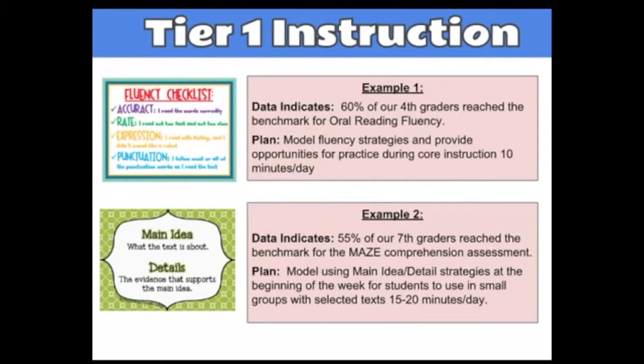So we develop a Tier 1 plan to model using main idea and detailed strategies at the beginning of the week for students to use in small groups with selected text at least 15 to 20 minutes a day within our core instruction to try to move up that percentage of our 7th graders closer to 80% to indicate that they have foundational comprehension skills needed to acquire their core content.